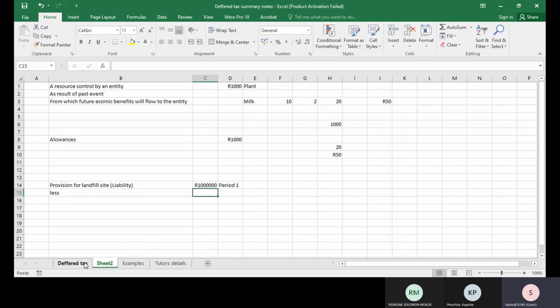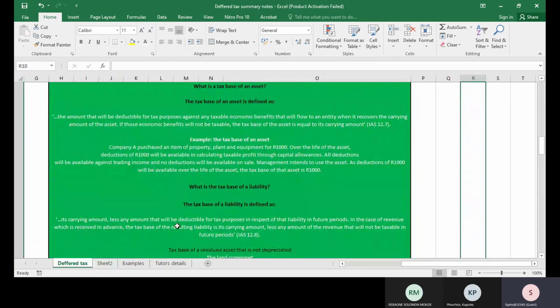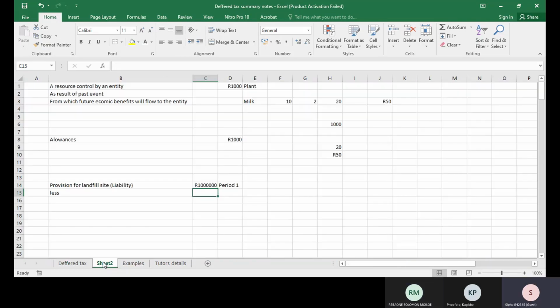So which amount is deductible in the future period when you're looking at this liability? In 20 years' time, the 1 million is deductible. 100%, I agree with you.